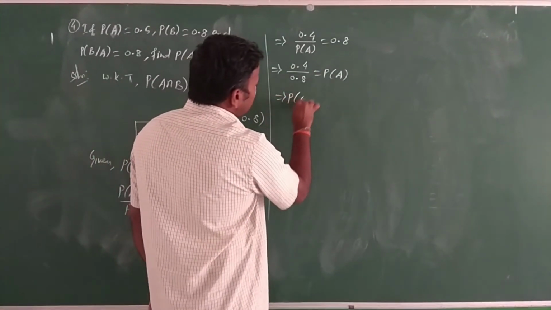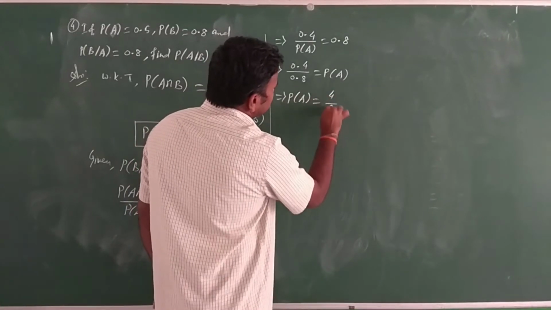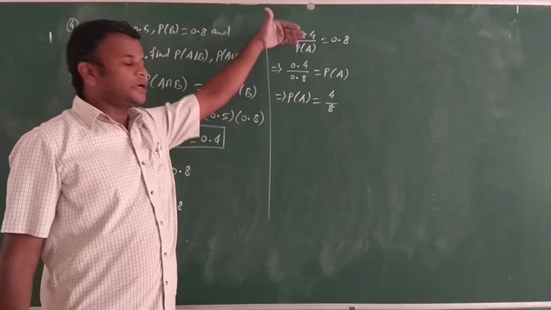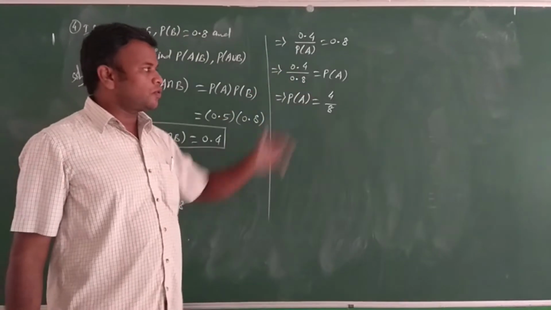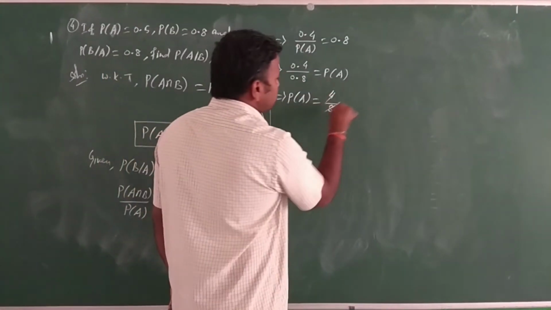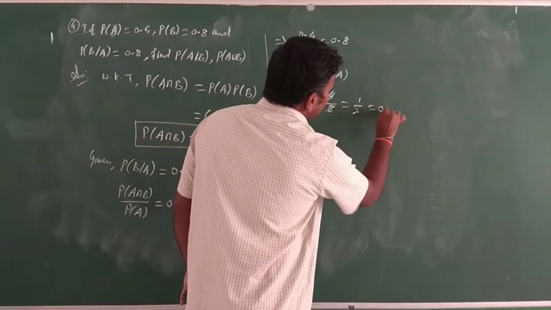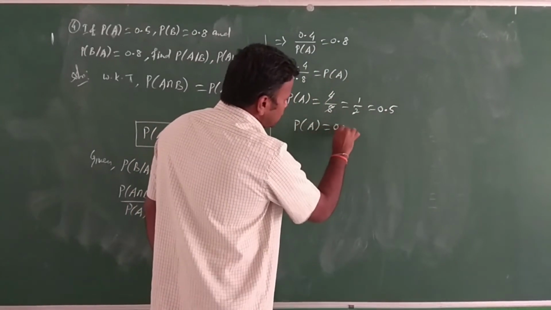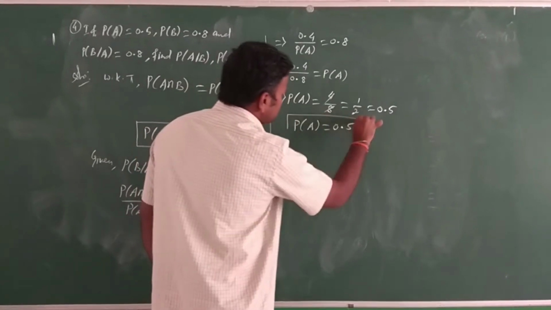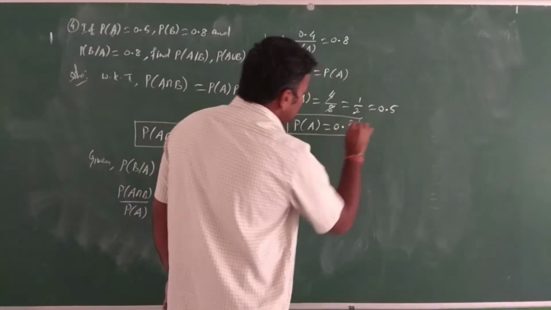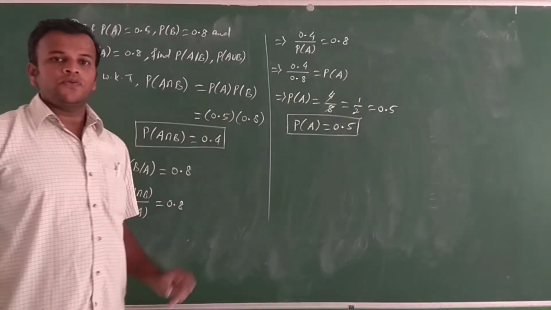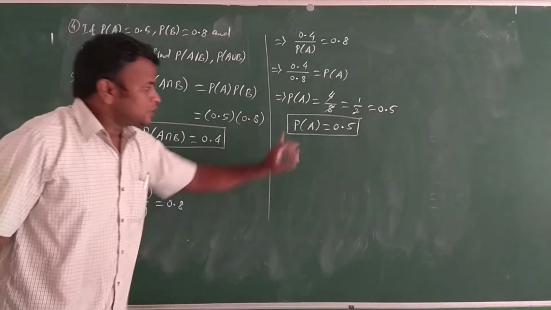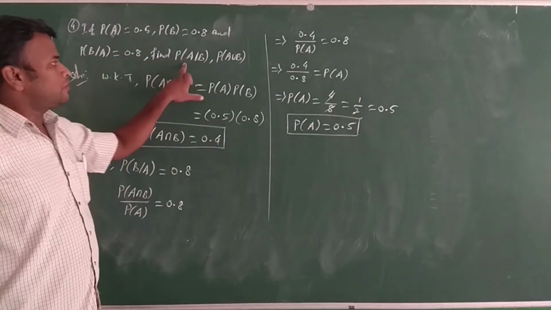Multiply both numerator and denominator by 10, we get 4 by 8, which is nothing but 1 by 2, that is 0.5. So P of A value is 0.5. We use the value, so we find P of A also.